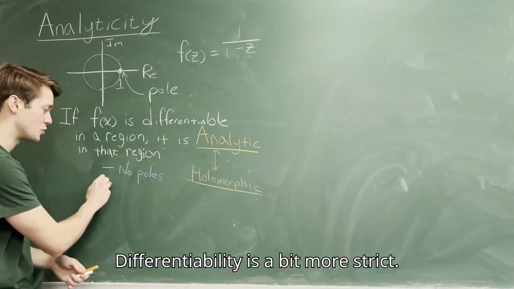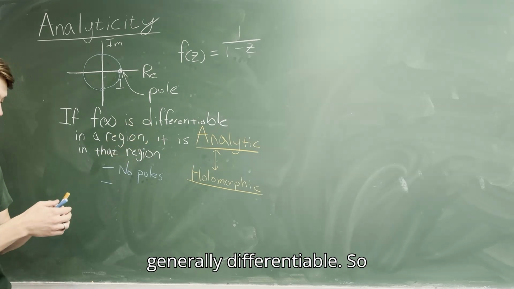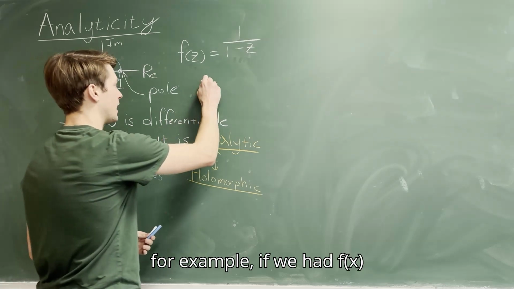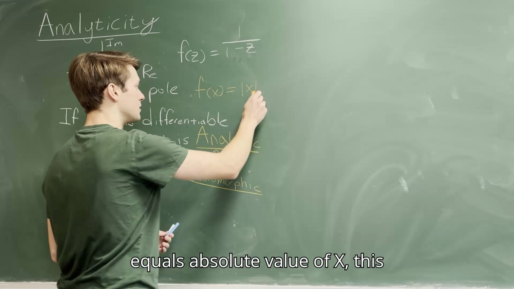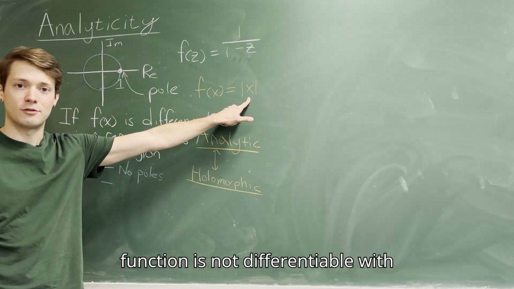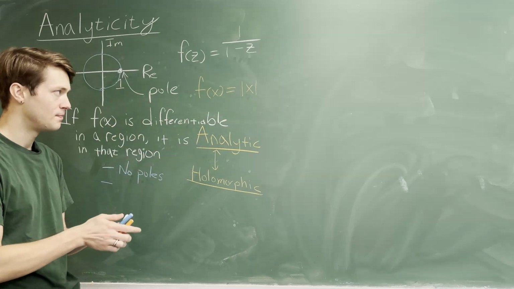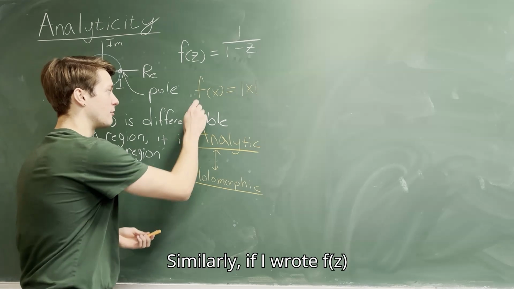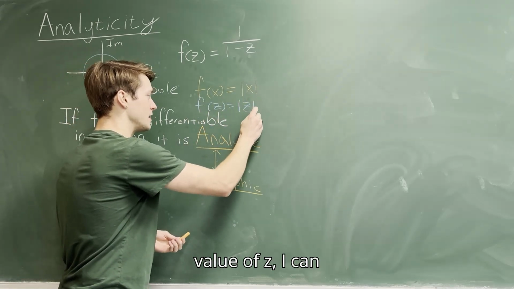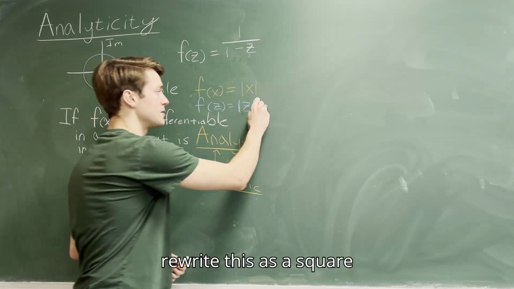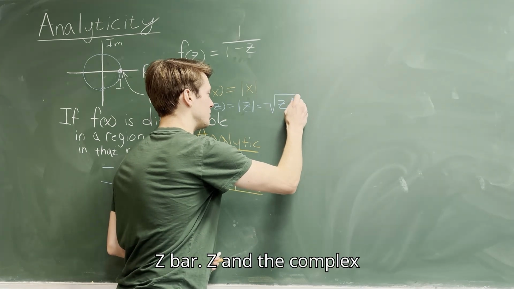Differentiability is a bit more strict. We also have to have a function that's generally differentiable. So, for example, if we had f of x equals absolute value of x, this function is not differentiable with respect to x because there's a cusp at x equals 0. Similarly, if I wrote f of z equals absolute value of z, I can rewrite this as the square root of z and z bar.